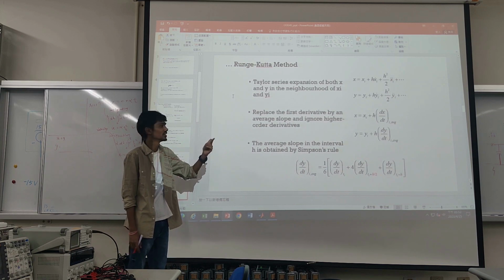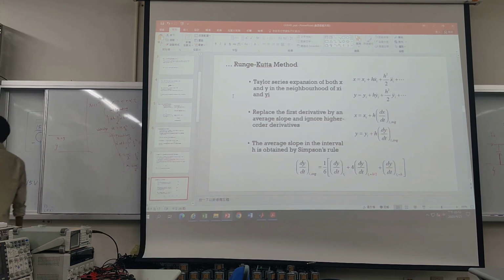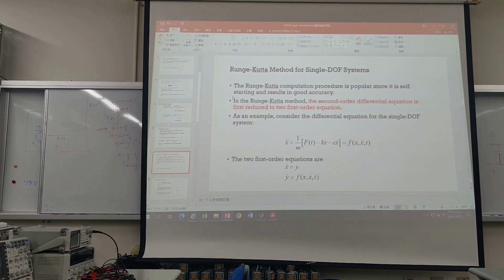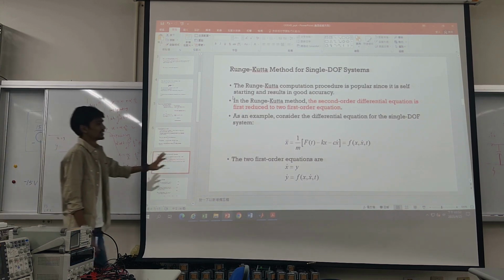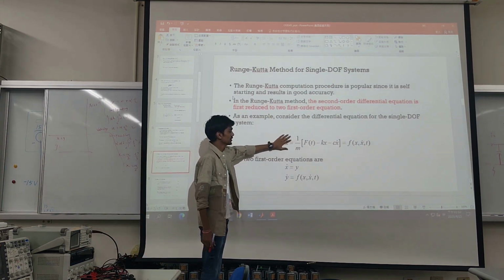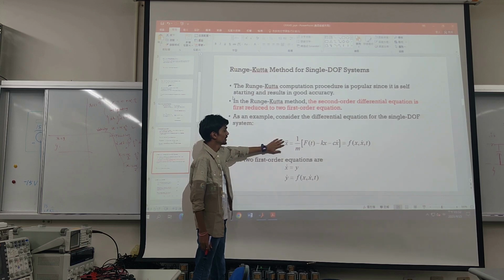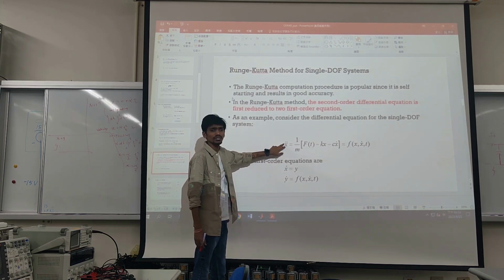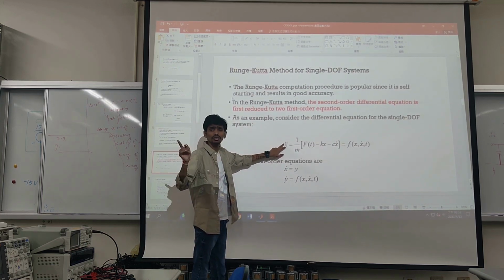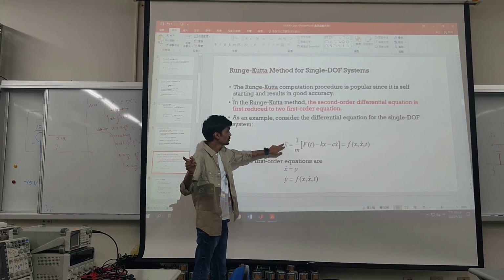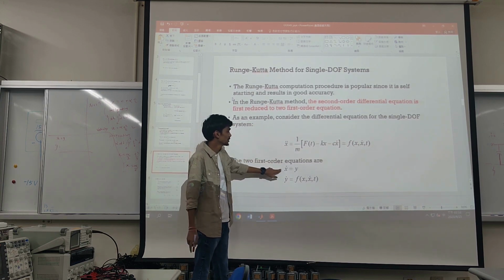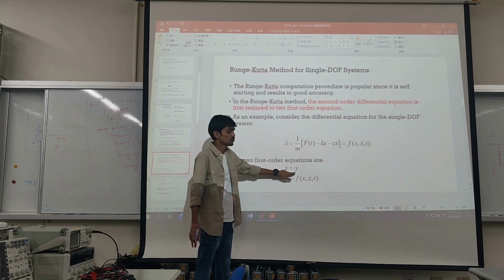Yes. Don't get confused. Just remember that in this equation x is our displacement and x dot is our velocity. Now we are reducing that velocity x dot into y.